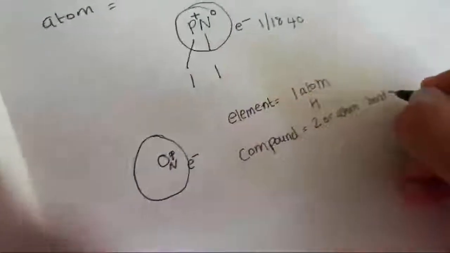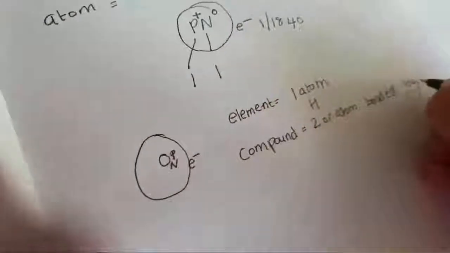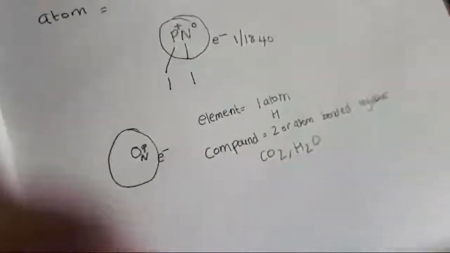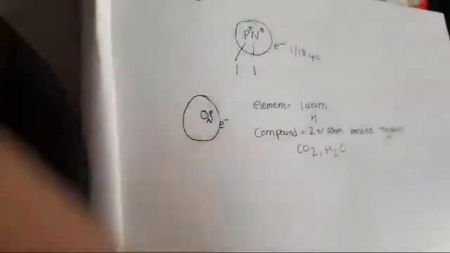Okay, so examples of that are carbon dioxide, water, carbon monoxide. Not hydrogen, hydrogen would be an element. Now, that's basically what you need to learn about your atom.